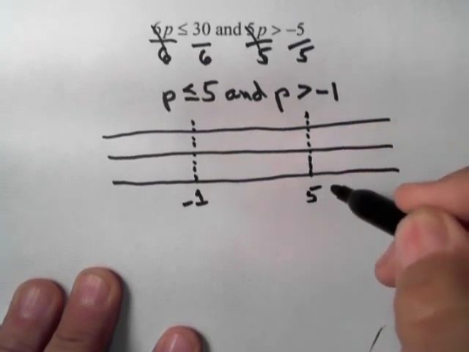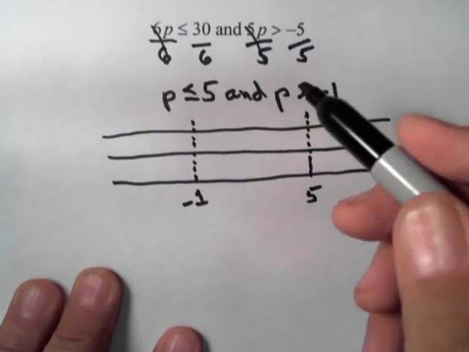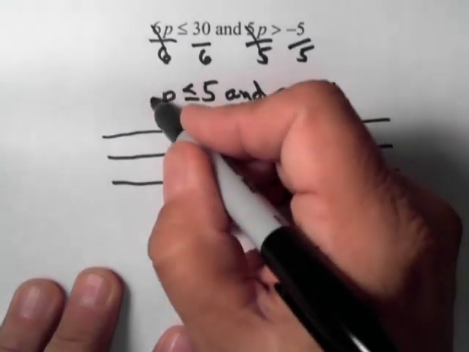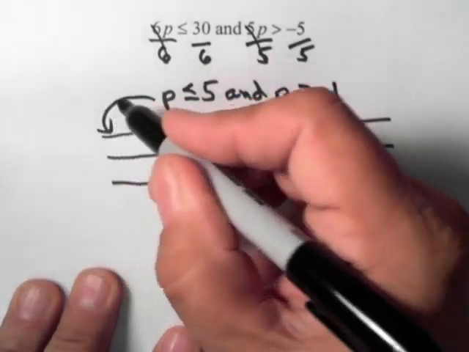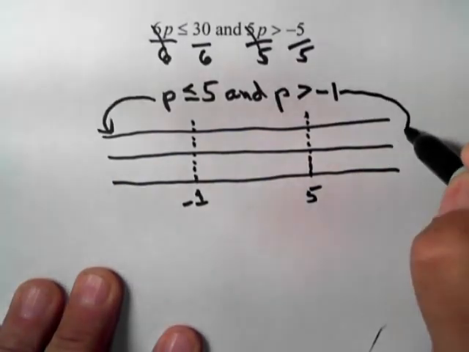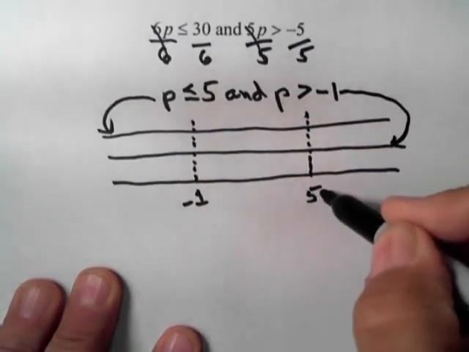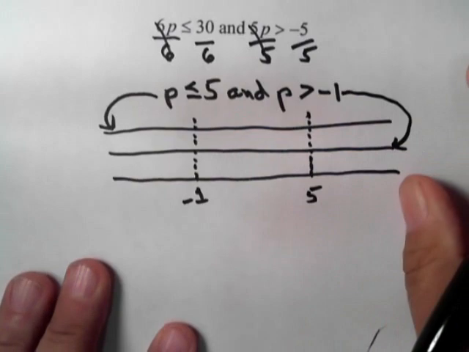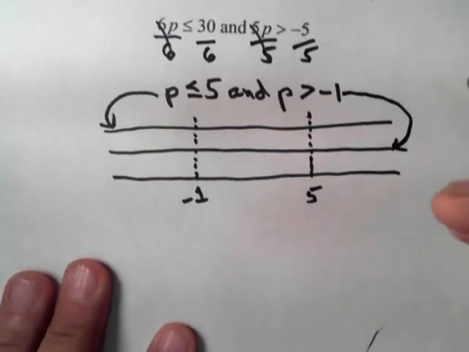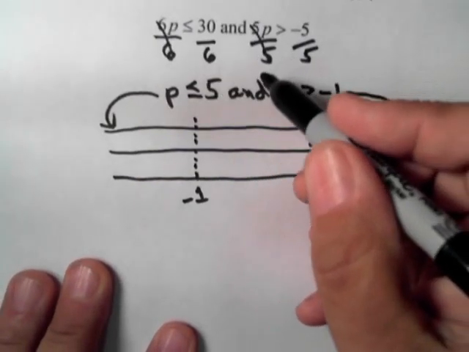So let's say this is 5. Once again, I'll take one of these and put it on the first graph, the other on the second one, and then our solution will be down here on the third when we finish it up.